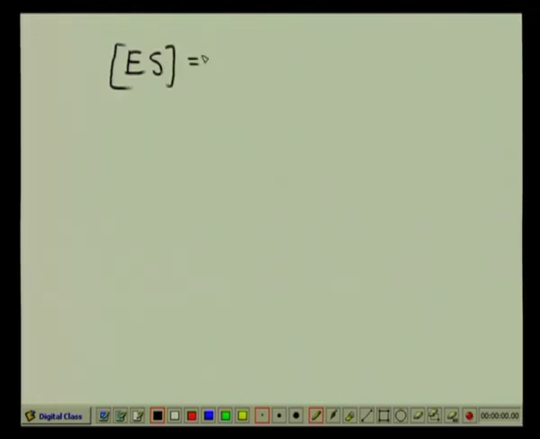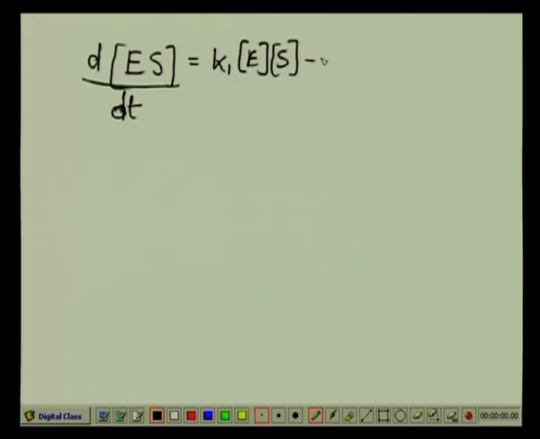Okay. Now, what expression do I get for ES? It is going to be, what did I have? Let us just write this once more. I have d ES dt was K1 E S minus K minus 1 ES minus K2 ES.